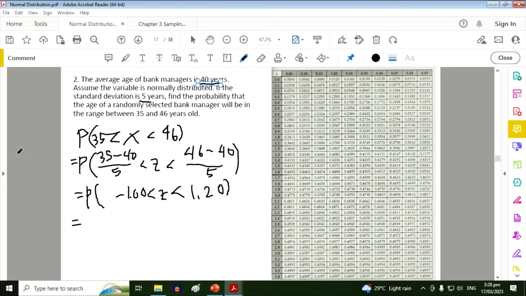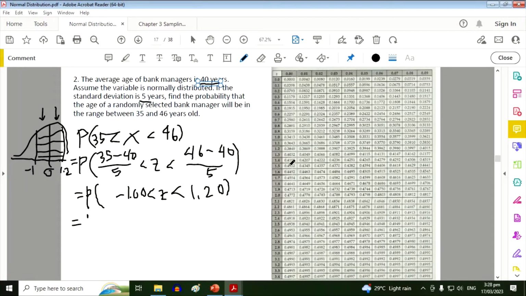If we draw that on a normal curve, we have 0, negative 1 on the left, and 1.2 on the right. If you notice, the shaded region crosses the 0 or the center. Since these areas are from the center, we can just add the areas of this side and this side.